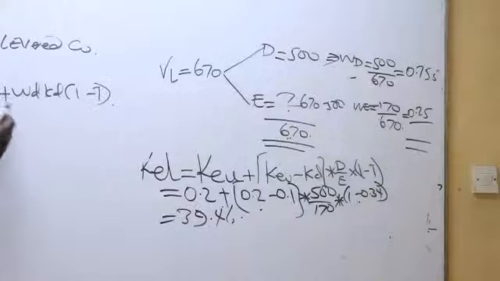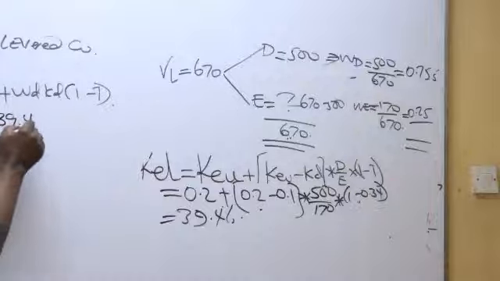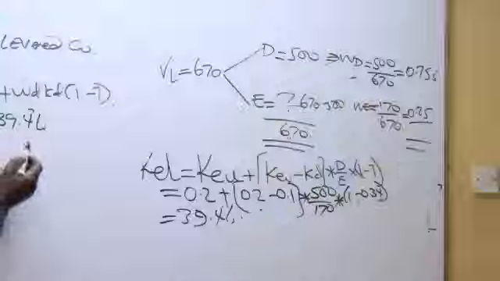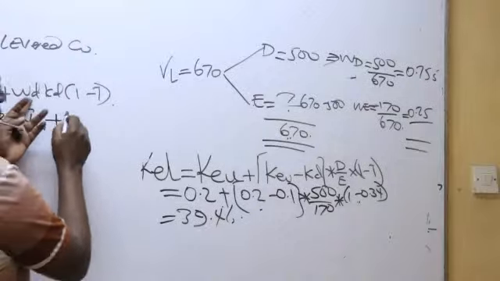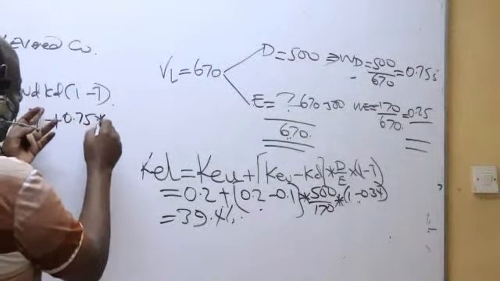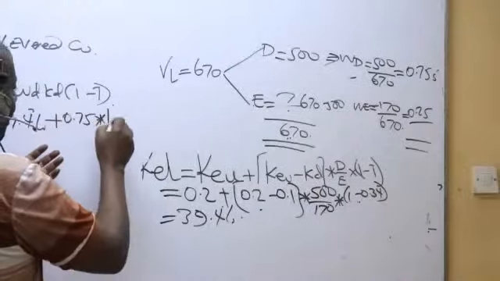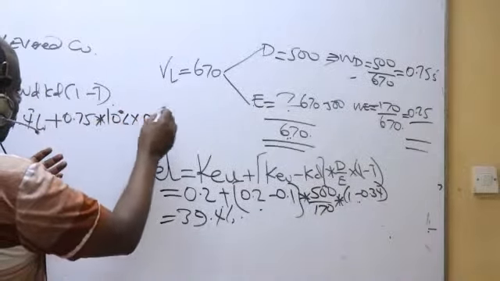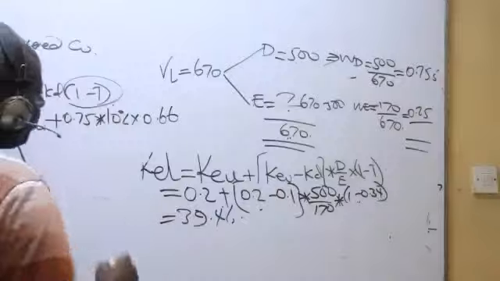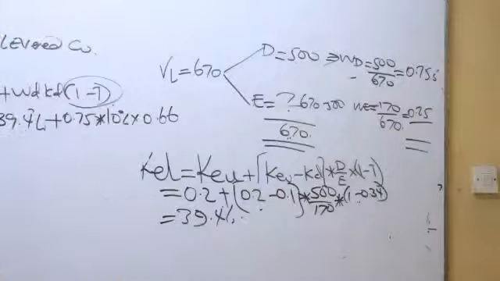This has to be KEG, and the KEG is the one that you guys have given me as 39.4%. And then we have the weight of debt. Weight of debt is 0.75. KD is what you guys gave me as 10%, times 0.66, because 1 minus 34% is 0.66.